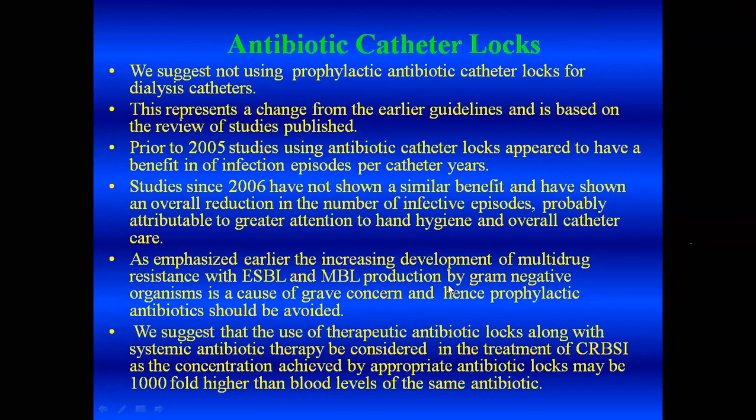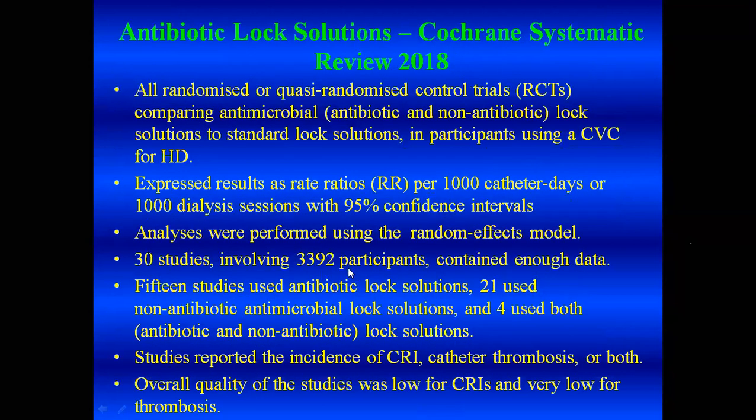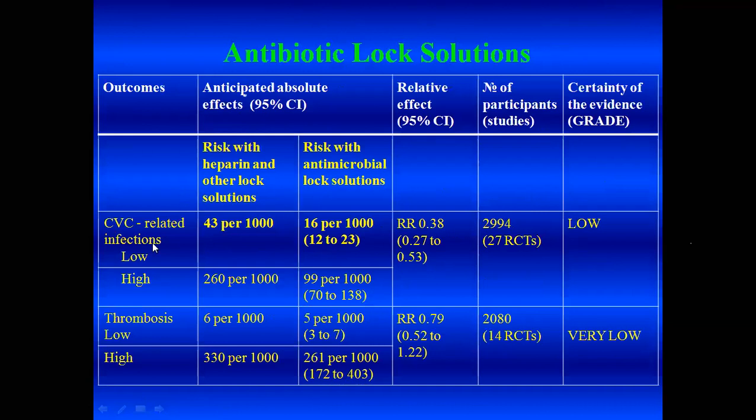As a result of this, there is also a concern of the development of ESBL and MBL strains with prophylactic antibiotic locks. A Cochrane review in 2018 looked at all randomized or quasi-randomized control trials comparing antimicrobial locks to standard lock solutions, that is anticoagulant locks, in dialysis catheters, and they found 30 studies in about 3,400 patients. 15 studies used antibiotic lock solutions, 20 used non-antibiotic antimicrobials like citrate and taurolidine.